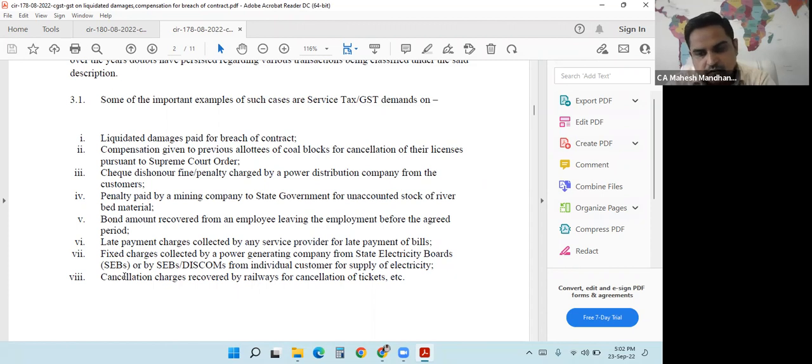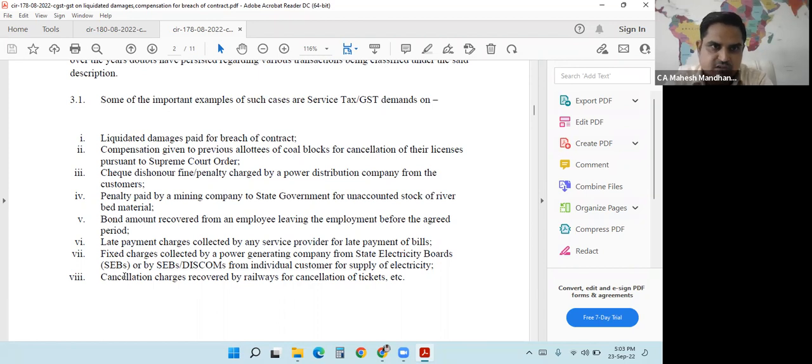The main reason behind this is that parties never enter into any contract to commit a breach of contract. Contracts are always entered into between two parties in order to honor their respective promises and to perform the contract. If one of the parties commits any breach and the other party gets damages on account of that breach, it will not be liable to tax because there is no supply.